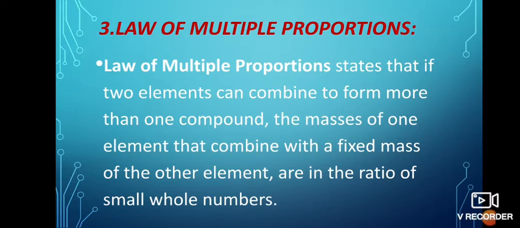The masses of oxygen, 16 gram and 32 gram, combine with a fixed mass of hydrogen, 2 gram, and possess a simple ratio, that means 16:32 or 1:2.